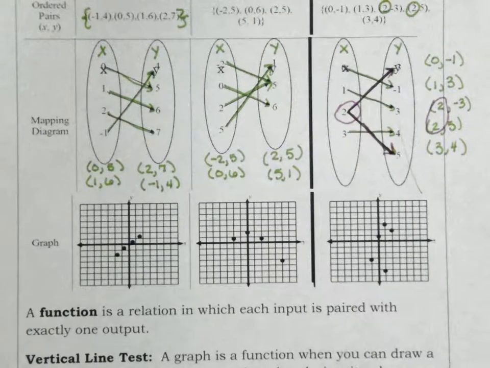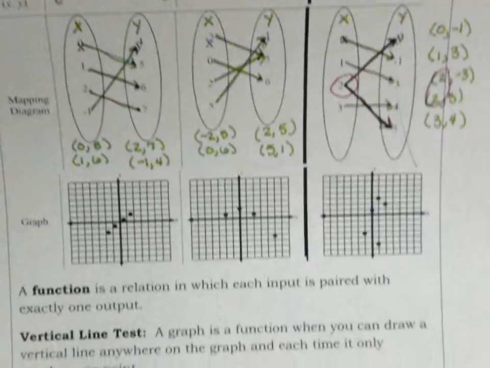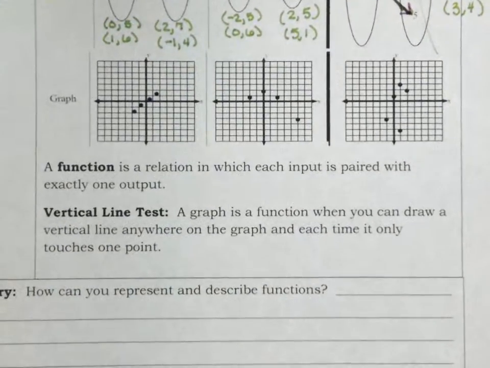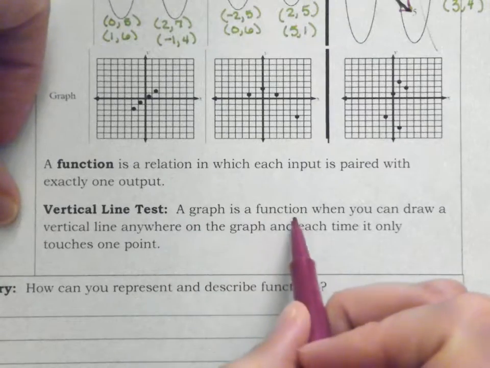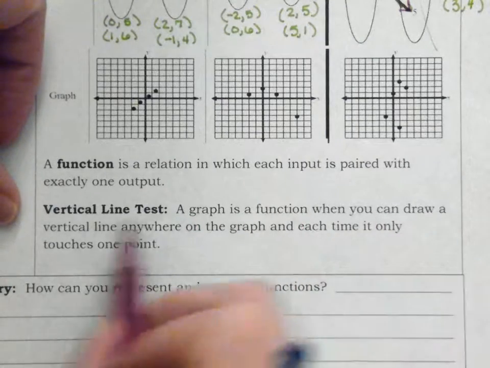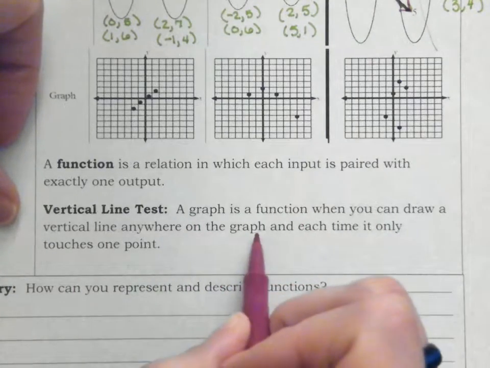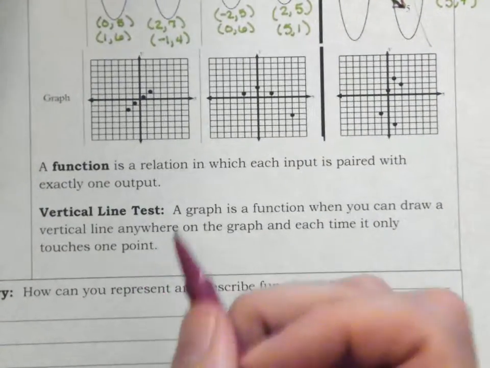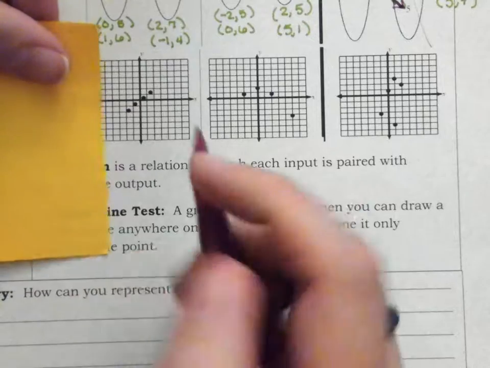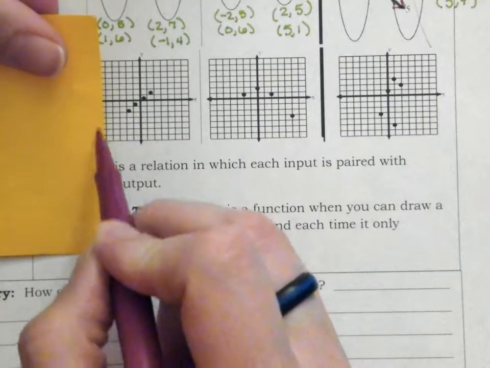All right, and then when we look at graphs, we use what is called a vertical line test, which says that a graph is a function when you can draw a vertical line anywhere on the graph, and each time it only touches one point. So I'm going to use this post-it note as my vertical line. This edge here is my vertical line.